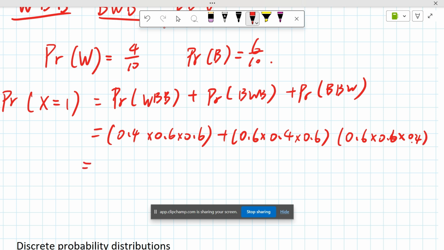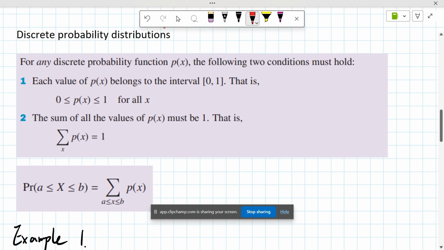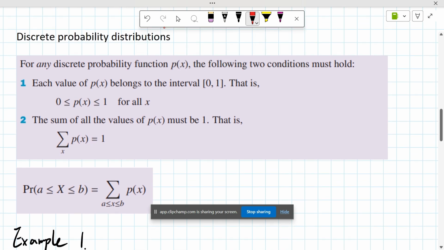Now we use the CAS calculator to calculate this, and you find 0.432. Because we're using replacement, the draws are independent, and that's why we can multiply the probabilities.